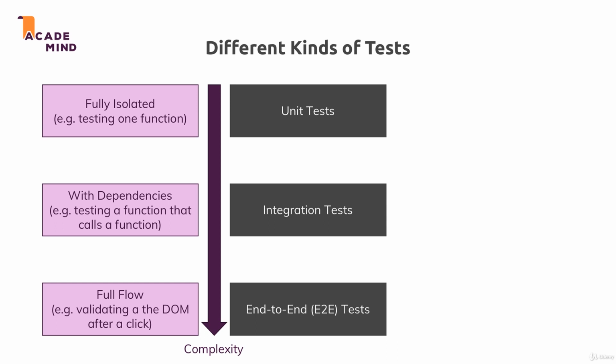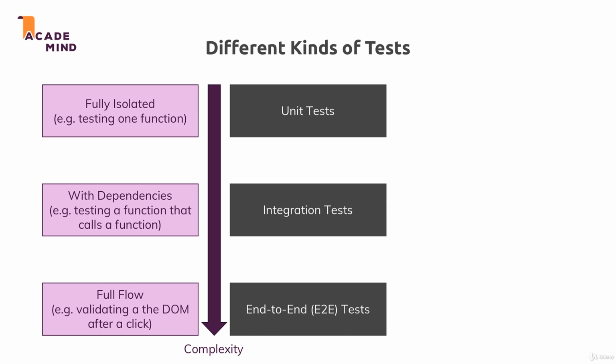Is it a dependency or the function that uses the dependencies? Also, you might have some dependencies that reach out to a server and fetch data. That is also a complexity you have to handle, and I will show you how to handle this in a separate video. And the full user interface test is the most complex one because there you have to define every step that should be executed and cleverly think about what you want to test and what you want to expect there.